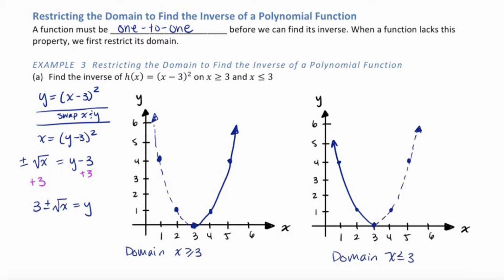Now what does this do to our inverse graph? Let's start by identifying some key points. Our vertex is at 3, 0. Here we have 4, 1. Here we have, what is that, 5, 4.